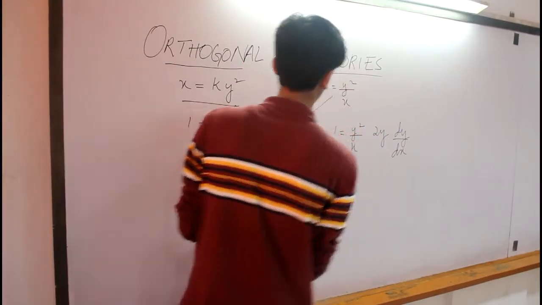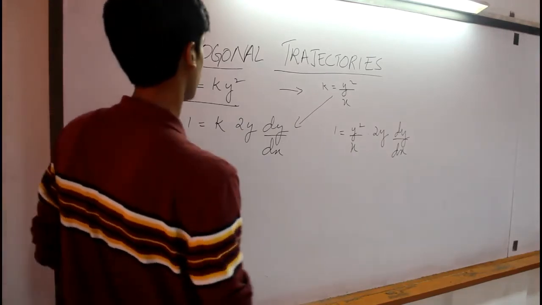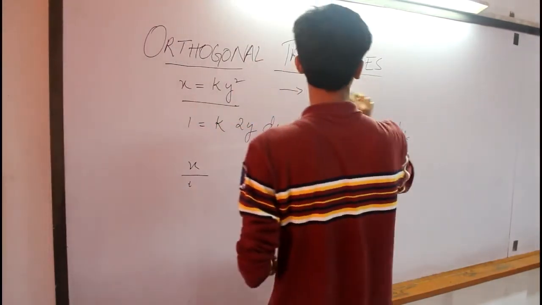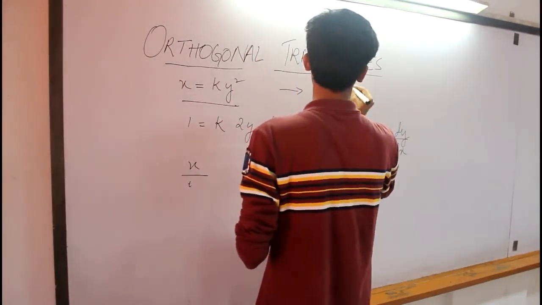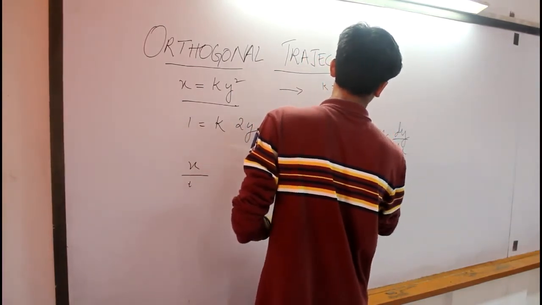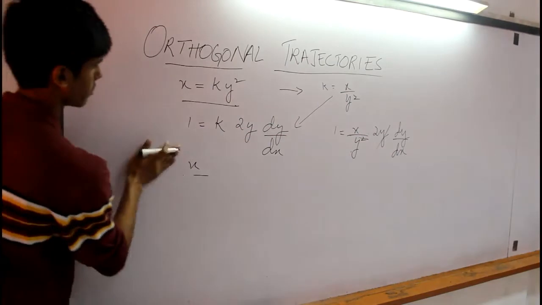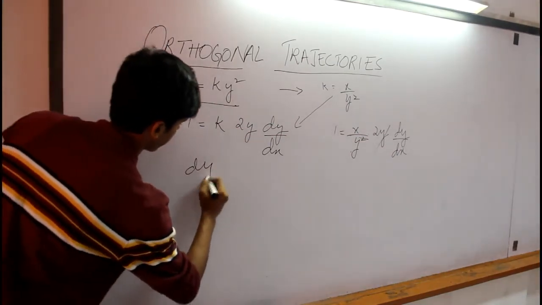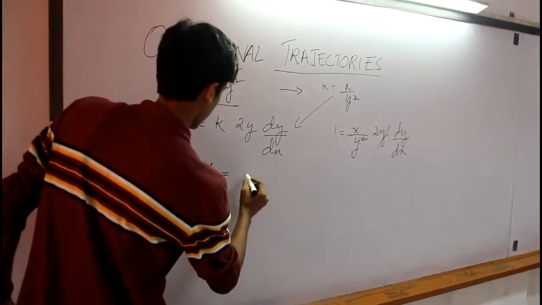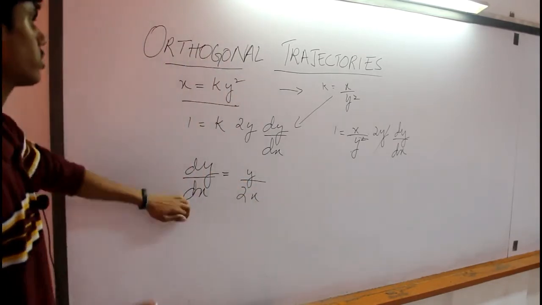So you'll eventually get x over y squared, this y cancels with this y, and we get dy by dx equal to y over 2x. So this is the slope of this equation.